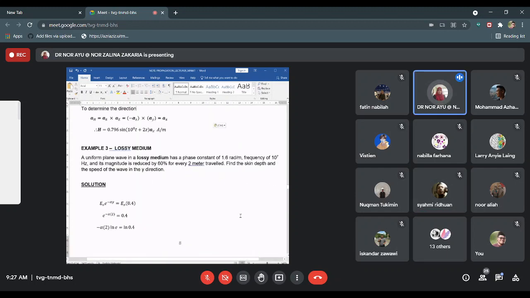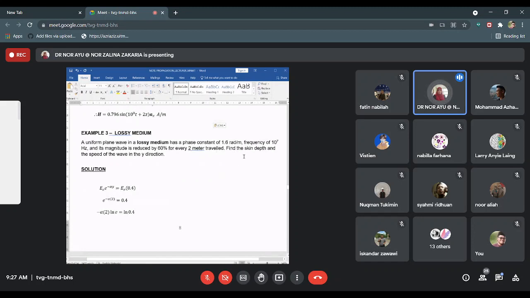Alright, so next we have this lossy medium. This example is a bit different. If you look into this one, a uniform plane wave in a lossy medium has a phase constant of 1.6 radian per meter, and the frequency is 10 power of 7.